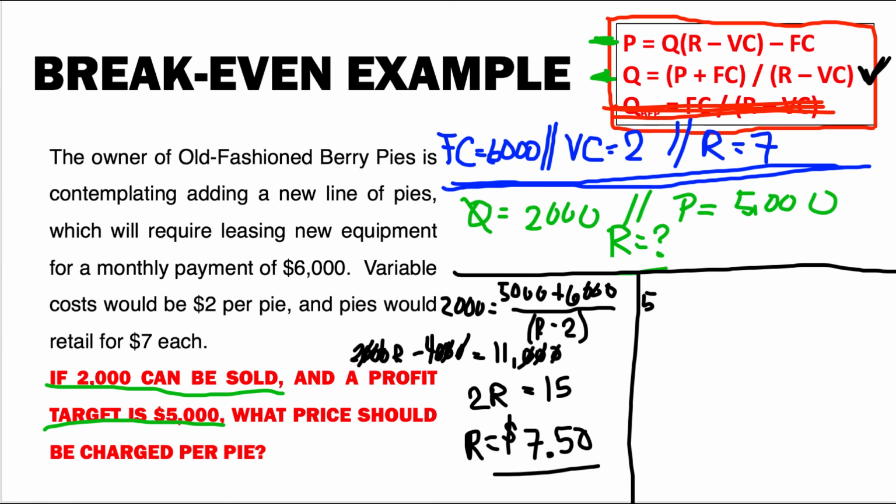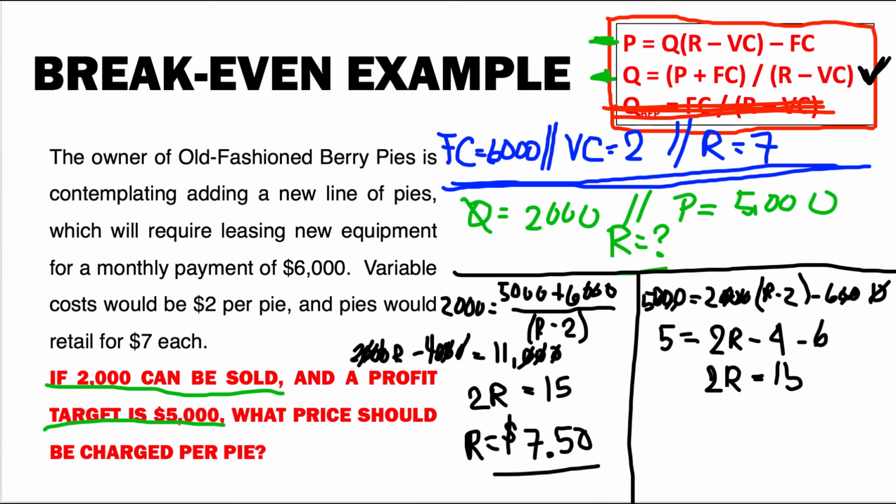So we have 5,000 equals 2,000 times (R minus 2) minus 6,000. Let's go ahead and take out all the zeros, which gives us 5 equals 2R minus 4 minus 6. 2R equals 15, and once again, R equals $7.50. So if our plan is to sell 2,000 pies, and our goal is a profit of $5,000, then we will need to price each pie at $7.50.